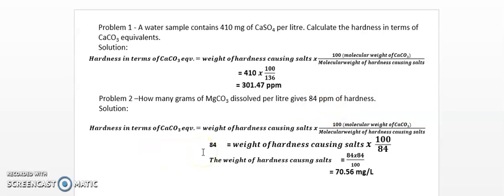Now putting in the formula, hardness in terms of calcium carbonate equivalent equals 84, and we have to calculate the weight of hardness causing salt, multiplied by 100 divided by 84. 84 is the molecular weight of magnesium carbonate. So after calculation, we get the weight of hardness causing salt as 70.56 milligram per liter.